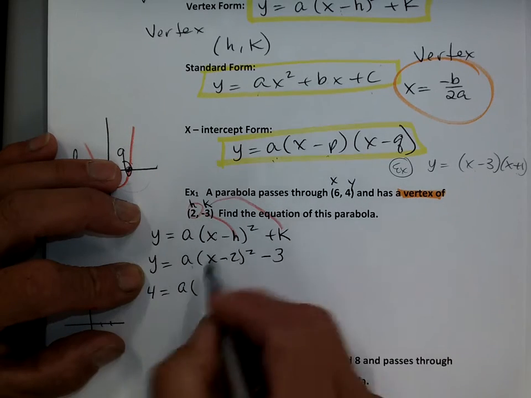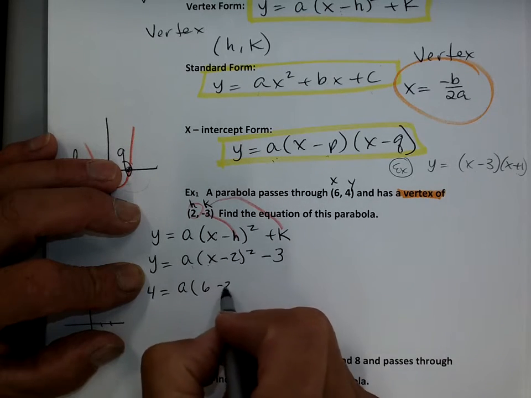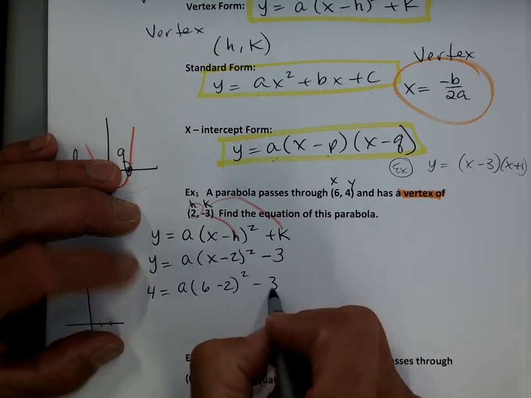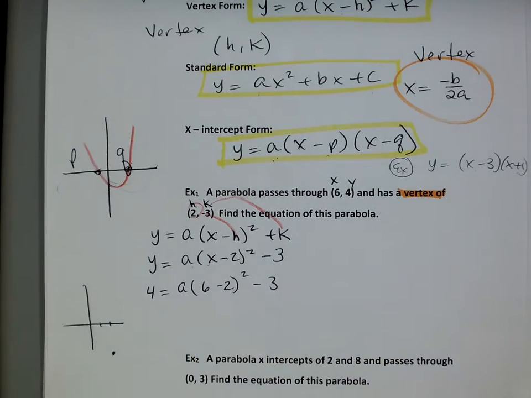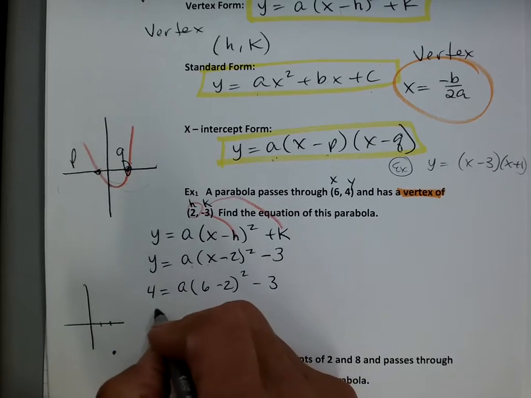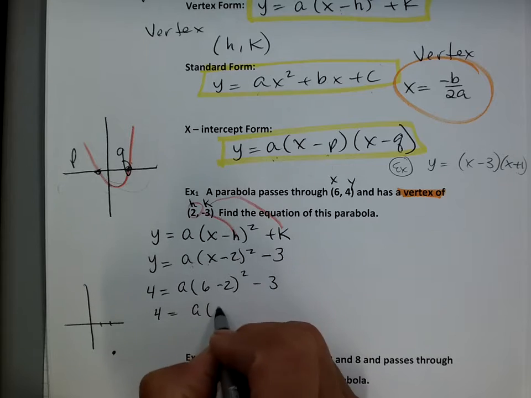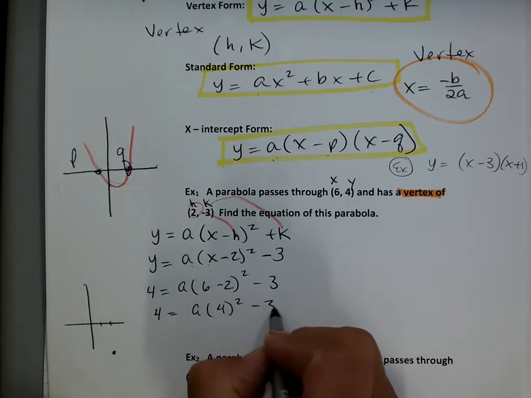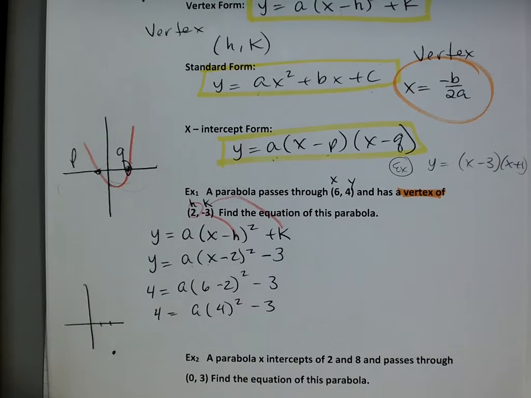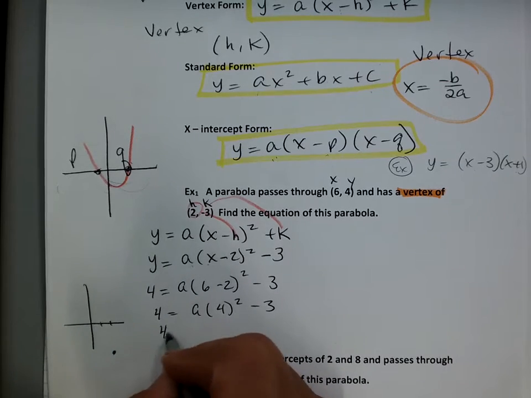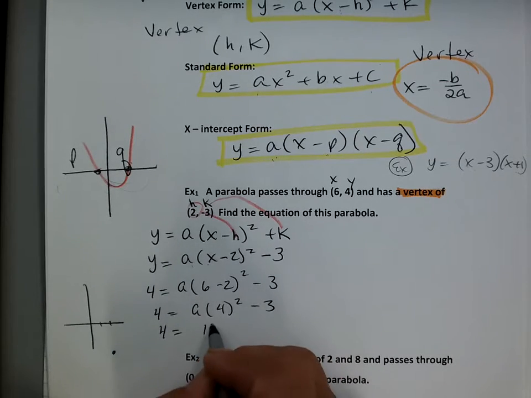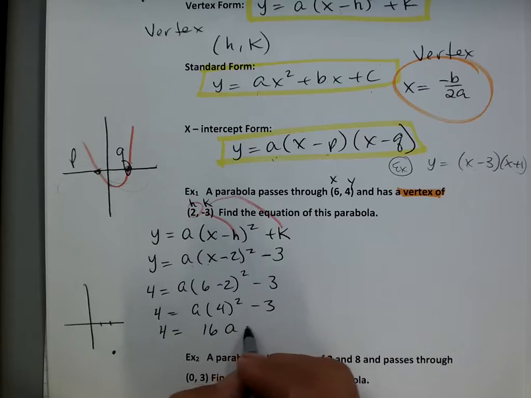Now all I have to do is solve for a. So I'm going to have 4 equals a times 4 squared minus 3, right? Let's see, that's 16. So 4 equals 16a minus 3.